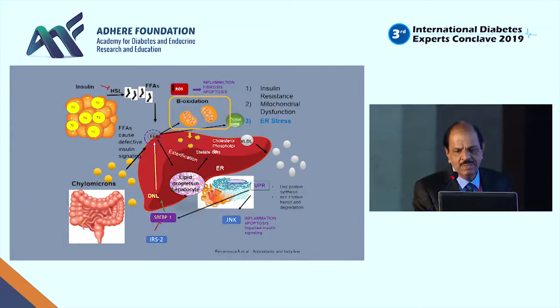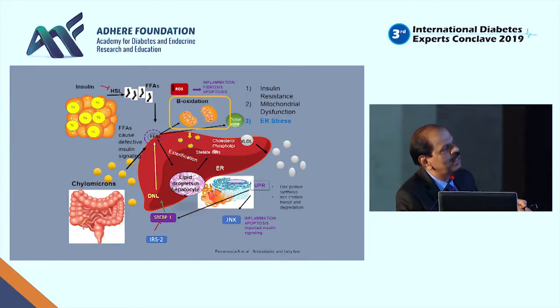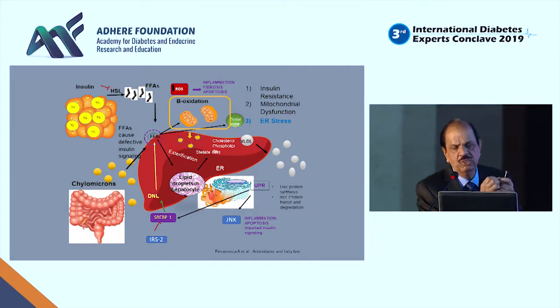The next one is what is called endoplasmic reticulum distress or stress. The endoplasmic reticulum is supposed to do the job of folding proteins. The function of the ER is to fold the proteins.